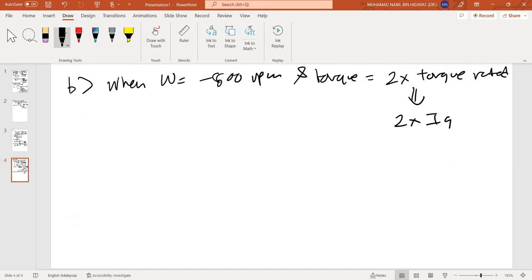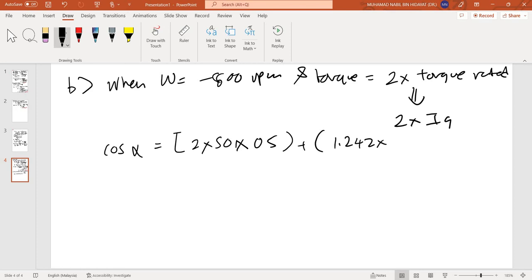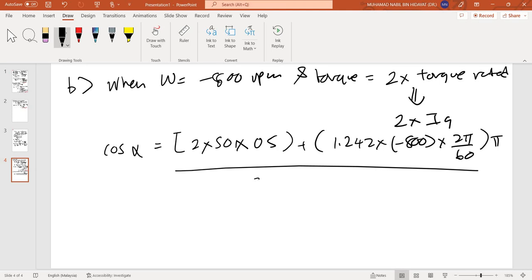So 2 times 50 times 0.5 plus 1.242 times minus 800, put it in rad per second, divided by 3 root 2 times 162.8 over pi.